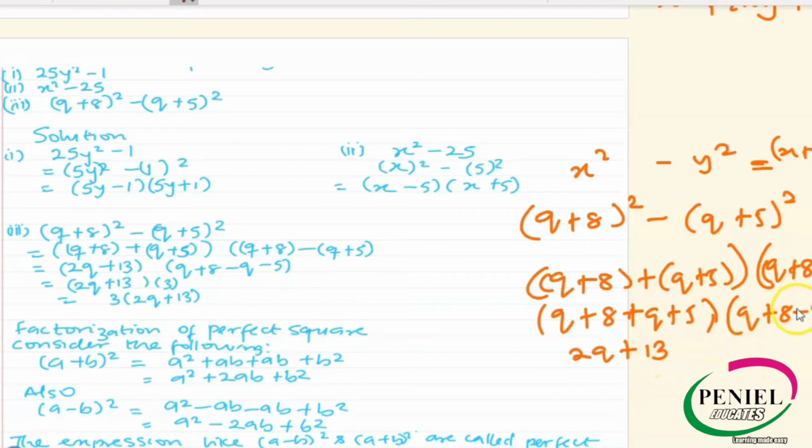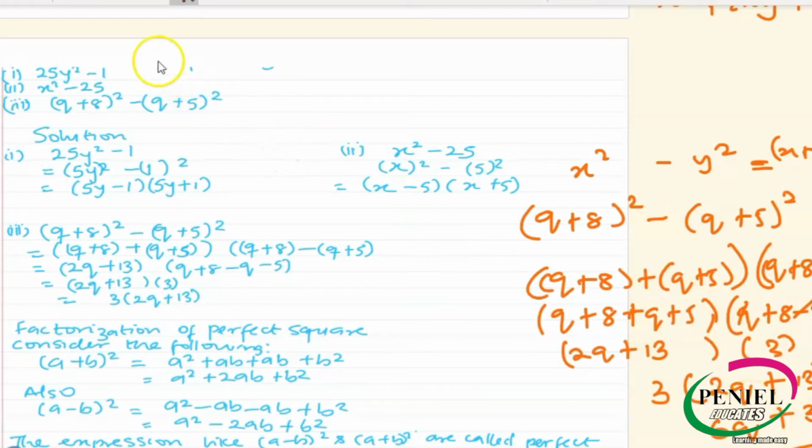And this one, q minus q is going to give me 0, and 8 minus 5 is going to give me 3. So I'm going to have 3 here. If I multiply 3 with this, I can get my answer, but I'll just leave my answer as 3 into (2q + 13). Or I say my answer is 6q + 39.